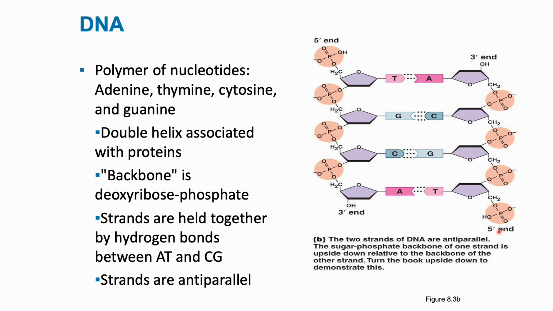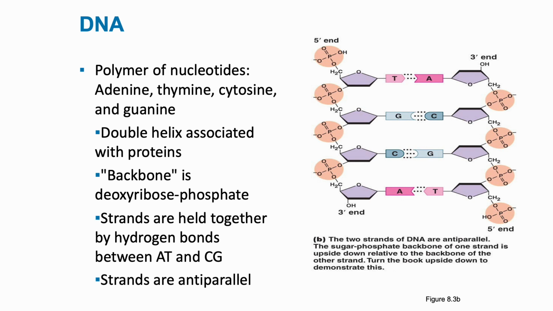So again, these strands run in opposite directions, and because of this we say that they are anti-parallel. And this is associated with proteins that are called histones to form chromatin.